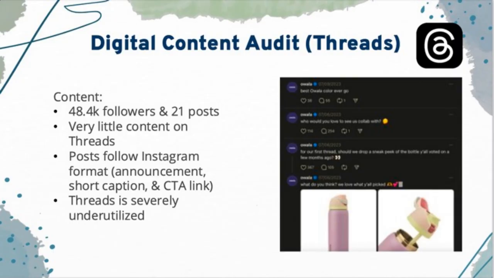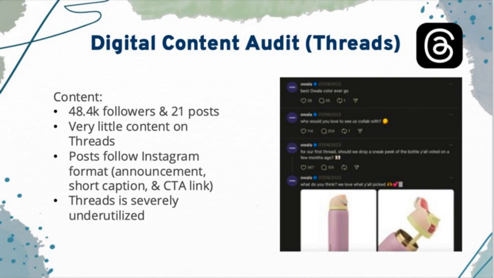And lastly, we have Threads, and this is relatively new. At the time of the audit, Owala had 48.4K followers, but only 21 posts. So this is very interesting. There is an audience there, but relatively little brand activity. And the students also noticed that the posts tended to follow formats similar to Instagram.